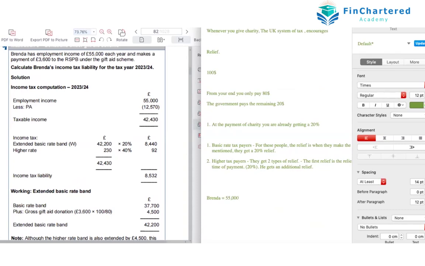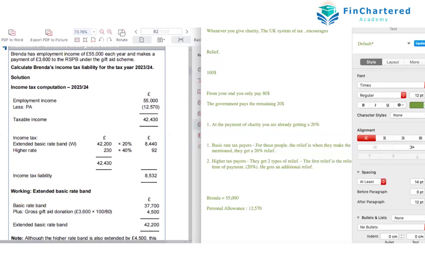So again, remember, the personal allowance she has is 12,570. No need of an adjustment to personal allowance for you. Again, Aditya, personal allowance, no adjustment is needed. This is answering your question. So even though she is making a donation, her income is less than 100,000.